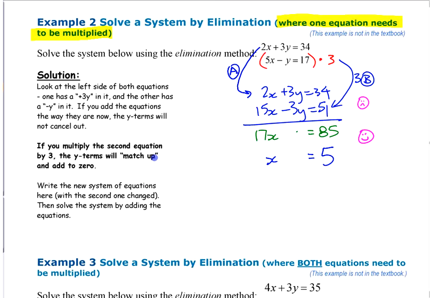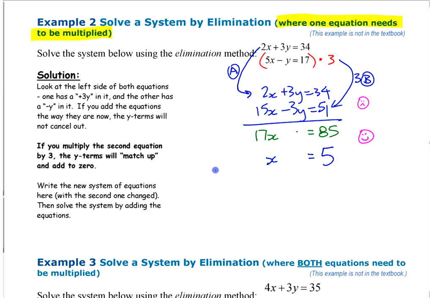So you got to multiply by something to make one of the things match up. The easier thing was to make the y's match up. You could have made the other thing match up, but you'd have to multiply both equations, so that's the next example. What's the quickest way to find the other variable here?